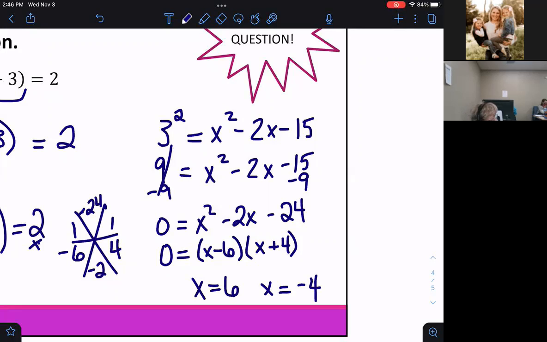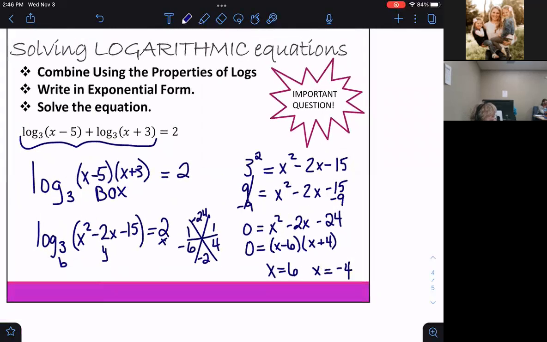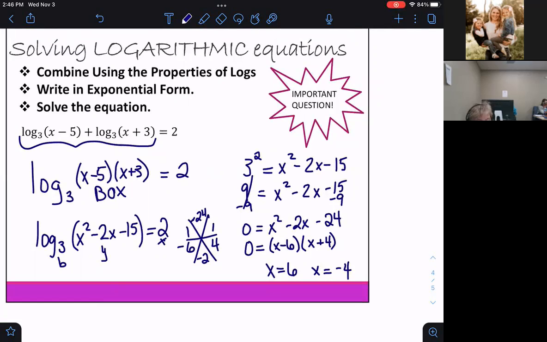Now, this is the first example where we've had a logarithm where we've ended up with two answers. Since we ended up with two answers, we need to check them. So when you check these, the shortcut to check them is just to make sure that whenever you plug in, the parentheses must always be positive.